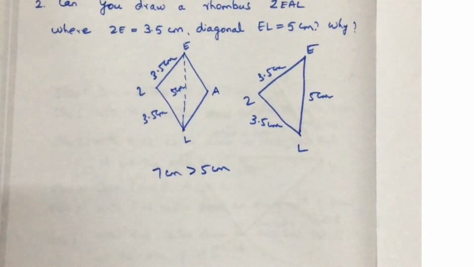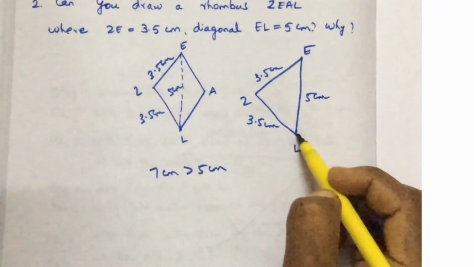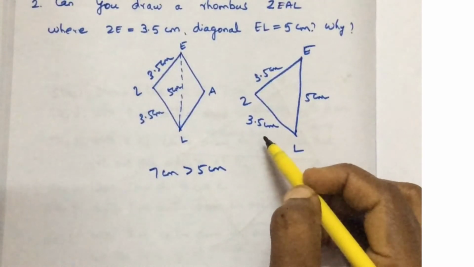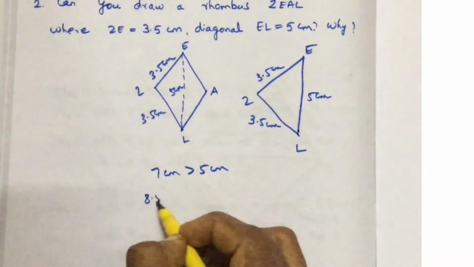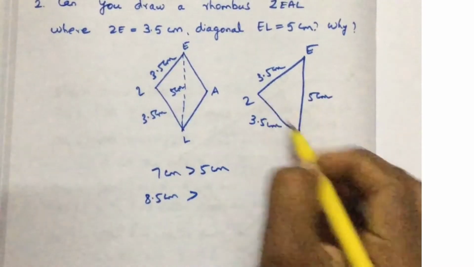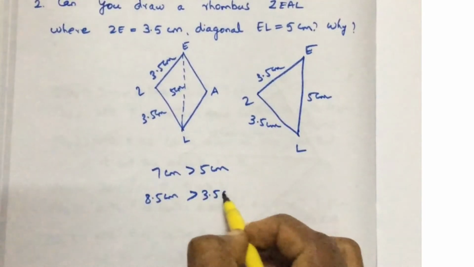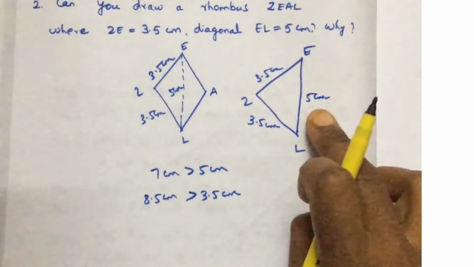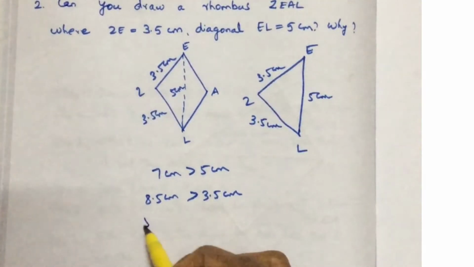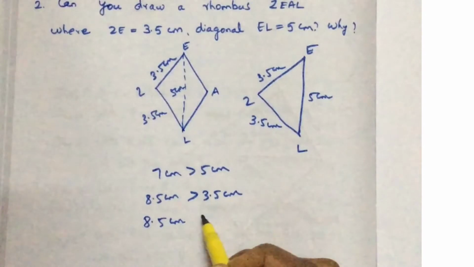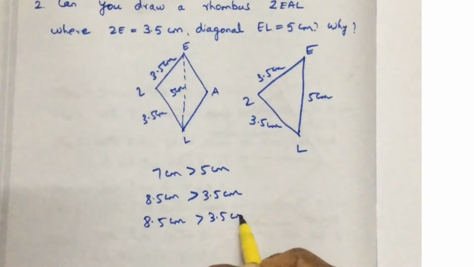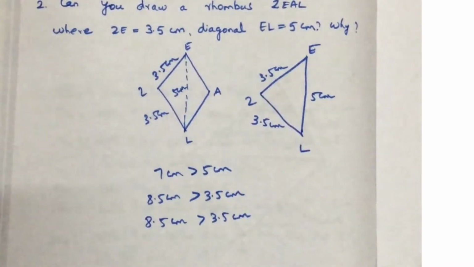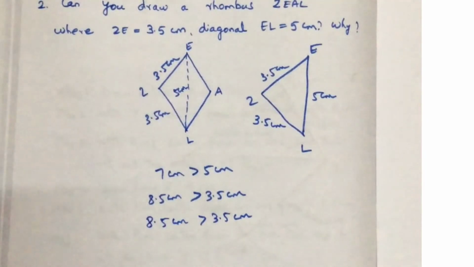Okay. So next I am adding these two: 5 centimeter plus 3.5, this is 8.5 centimeter. 8.5 centimeter is greater than 3.5 centimeter. Okay. Again I am adding 5 plus 3.5 centimeter, 8.5 centimeter is greater than 3.5 centimeter. If you add any two sides, that length should be greater than the third side.